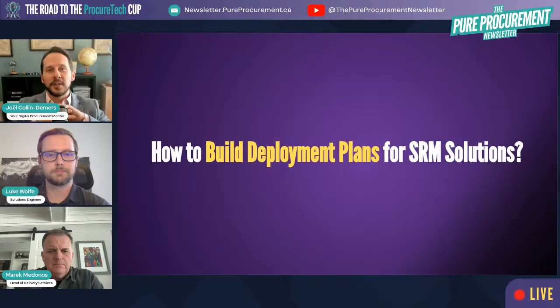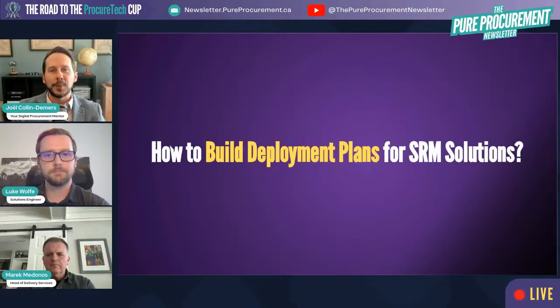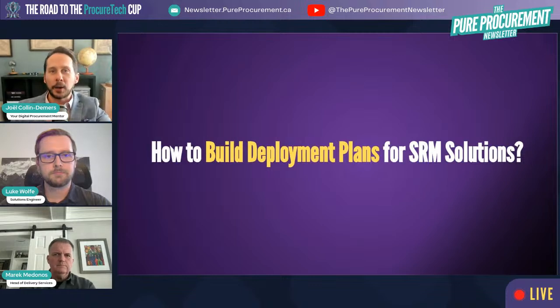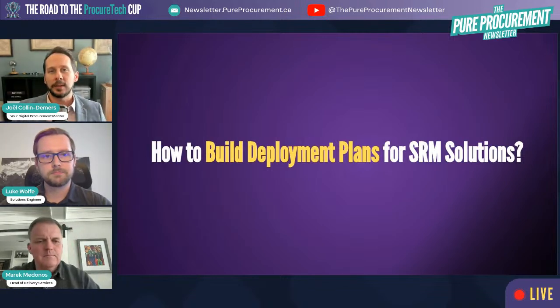I want to bring all of this together at the right point in the procurement process to make decisions, manage risk proactively, and carry out operations as well. So we know the problem, but how do we get from not having that to having that in place? That's what deployment planning is, at least how I define it. So I'd throw it back over to you guys: how should people be thinking about deployment planning, especially for SRM solutions?